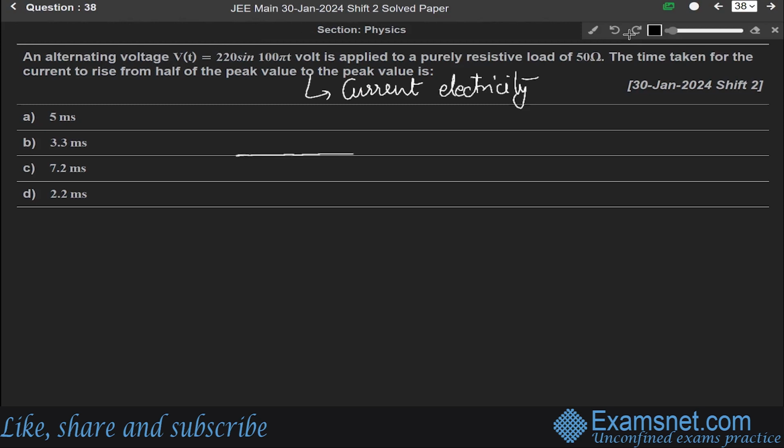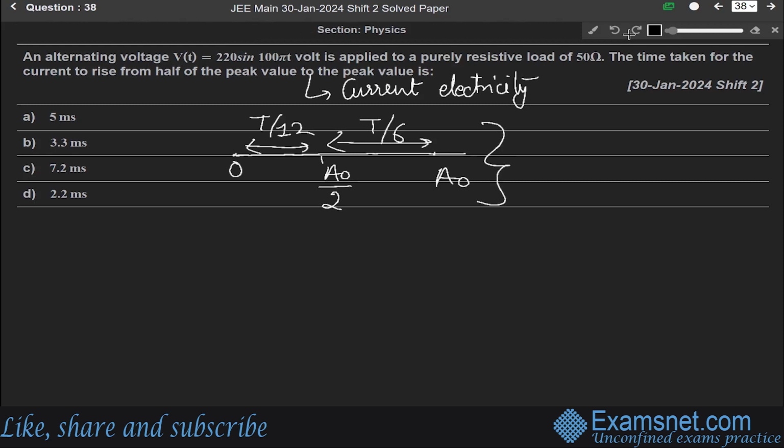Whenever we do an SHM question, here is the origin O, here is, let us say, A naught by 2, and here is A naught. In such type of question, this time is T by 12 and this time is T by 6. So we have to do the same in this question also.